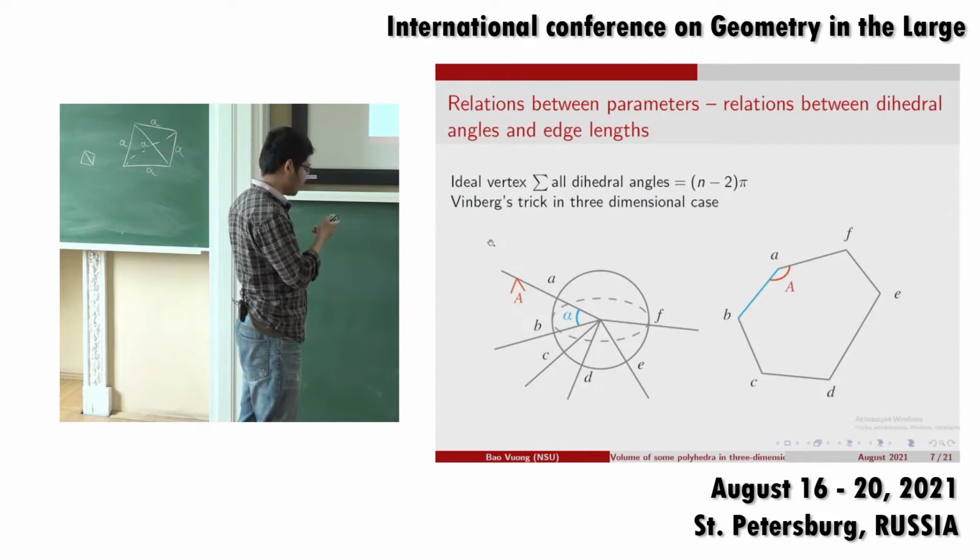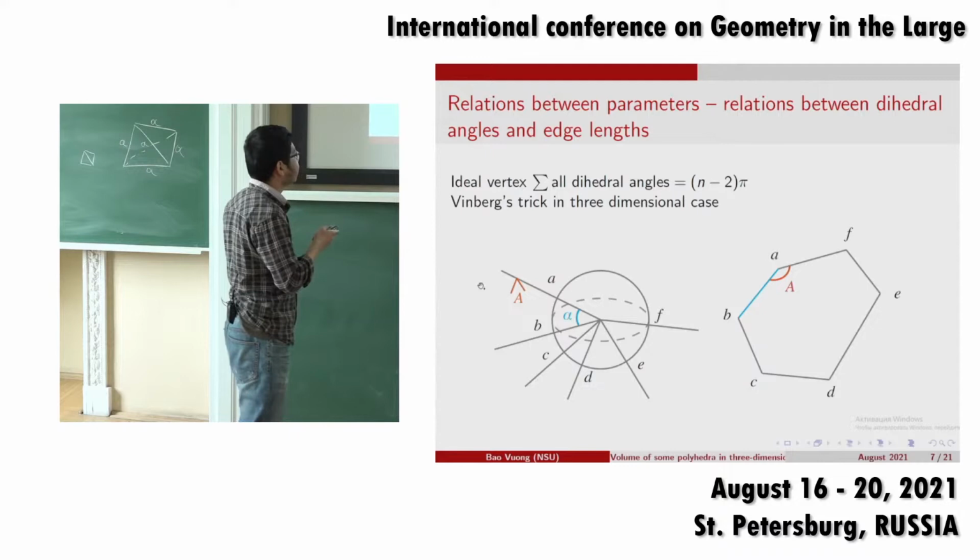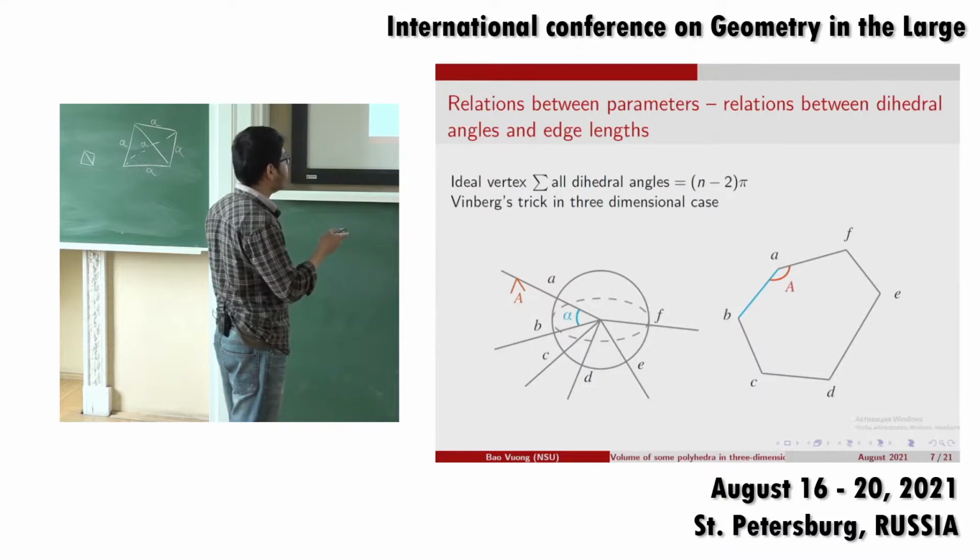And so this polygon has edges which are the planar angles of the corresponding faces at the vertex.